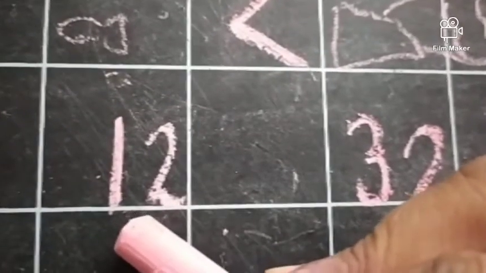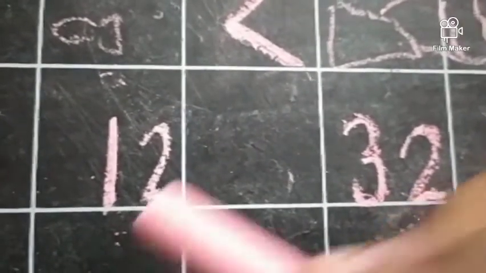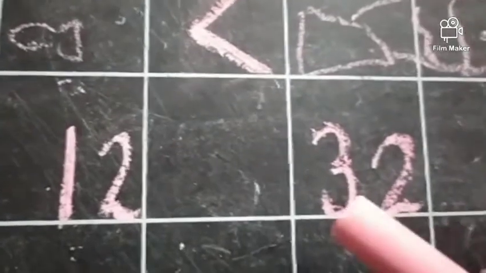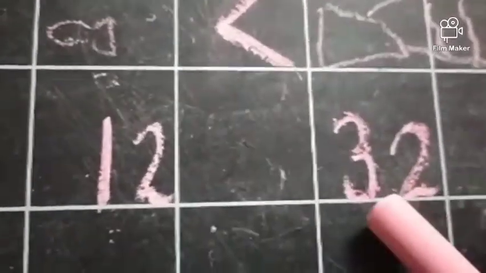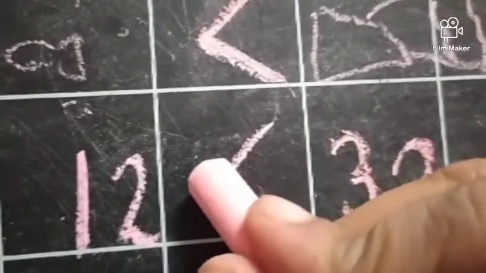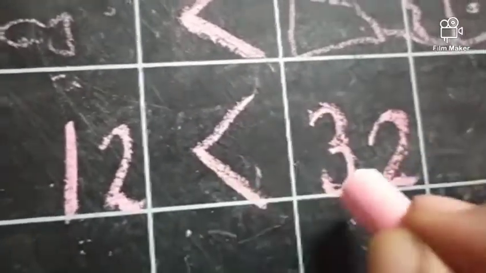12 comes in the 11 line, after 1 to 10, so it is a small number. And 32 comes in the 30 series, so definitely 32 is big and 12 is small. So the crocodile will eat the bigger number 32. Then the crocodile will open its mouth like this for eating the bigger number.